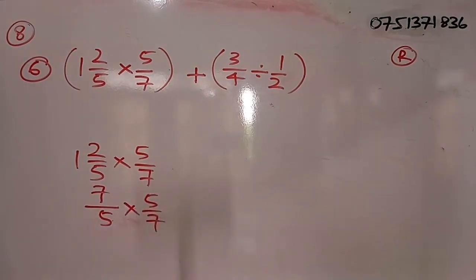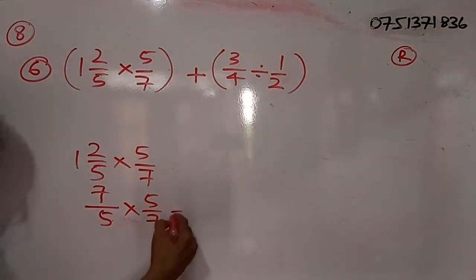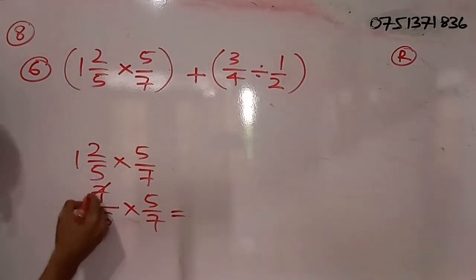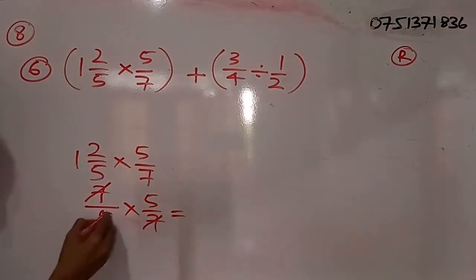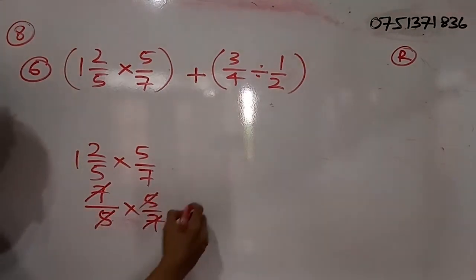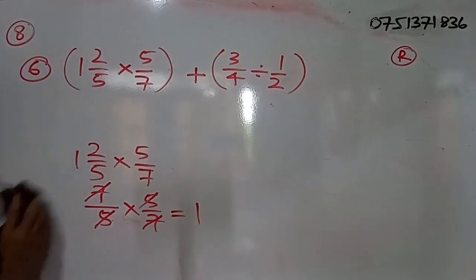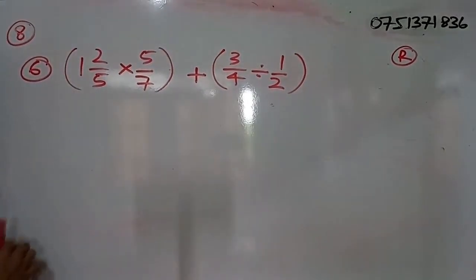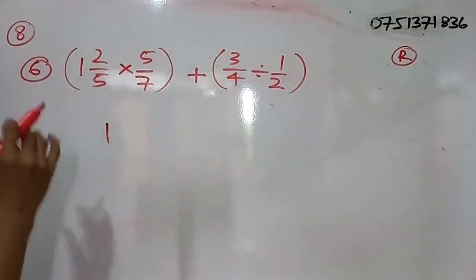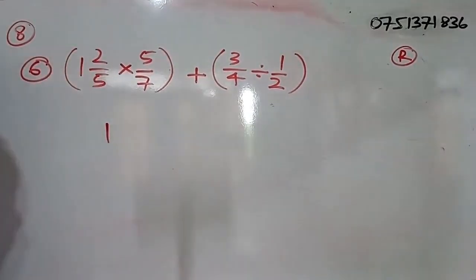Then what happens? The outcome will be what? I can cancel off the 7s and also I can cancel off the 5s, so the outcome will be 1. Right? So here the outcome is 1. So I will just write the outcome. Outcome is 1. So when you are doing it, there should be your workings.